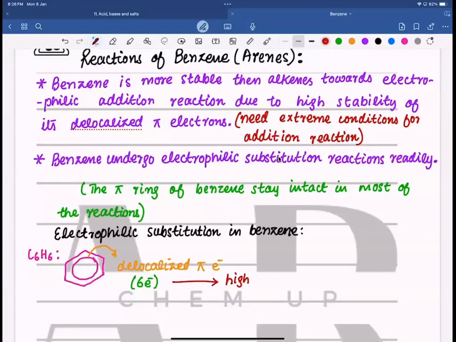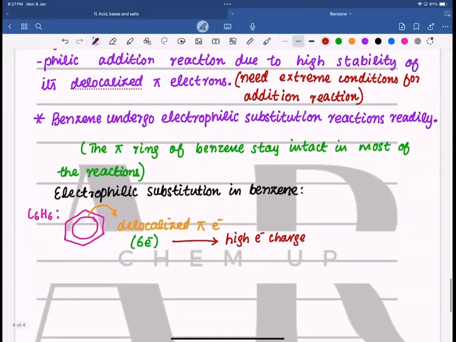So due to these 6 electrons, there will be high electron charge density around the benzene ring.